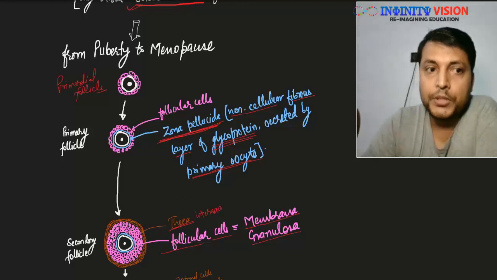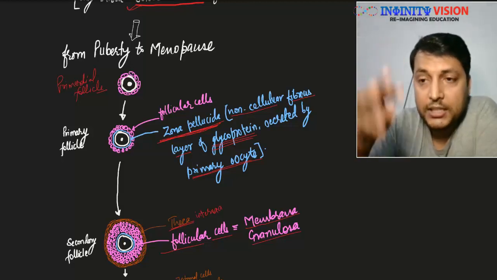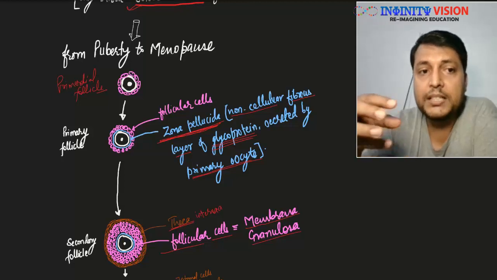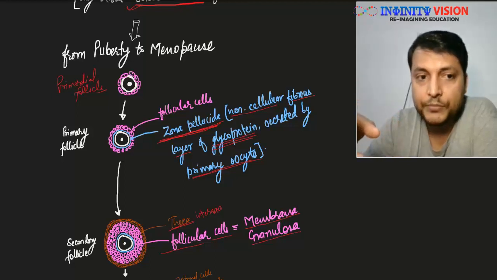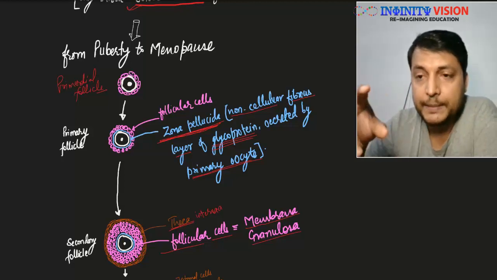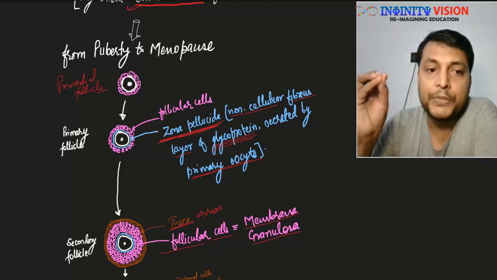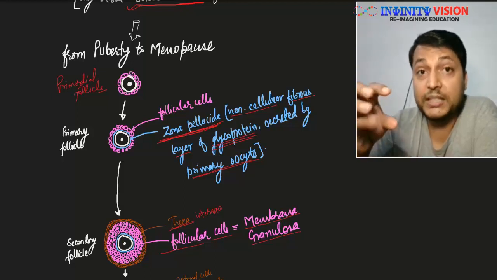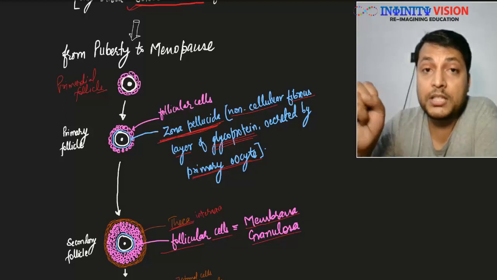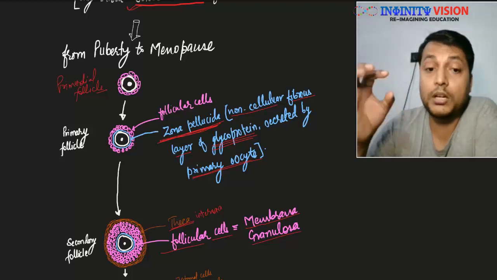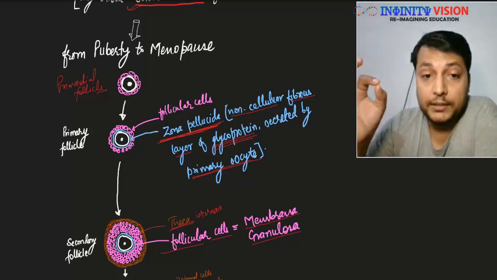Once this primordial follicle starts to develop, it will first increase the number of follicular cells. So the outer covering of follicular cells will increase. At the same time the primary oocyte secretes a fibrous non-cellular protective layer around itself, which is made up of glycoprotein, and this layer is called zona pellucida.